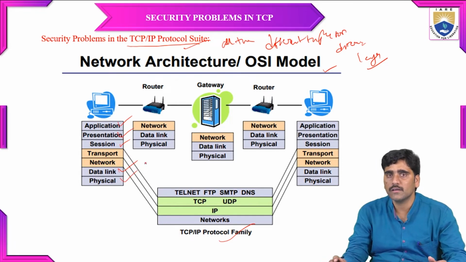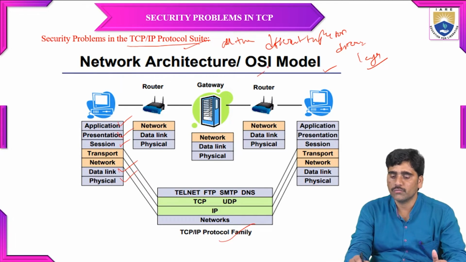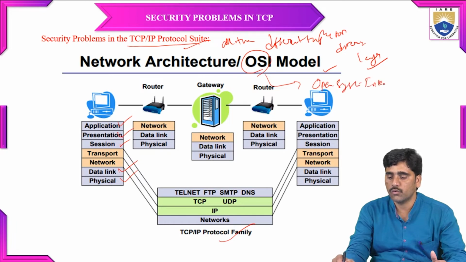We call it the 7-layer architecture or the ISO reference model or OSI reference model. OSI stands for Open Systems Interconnection.